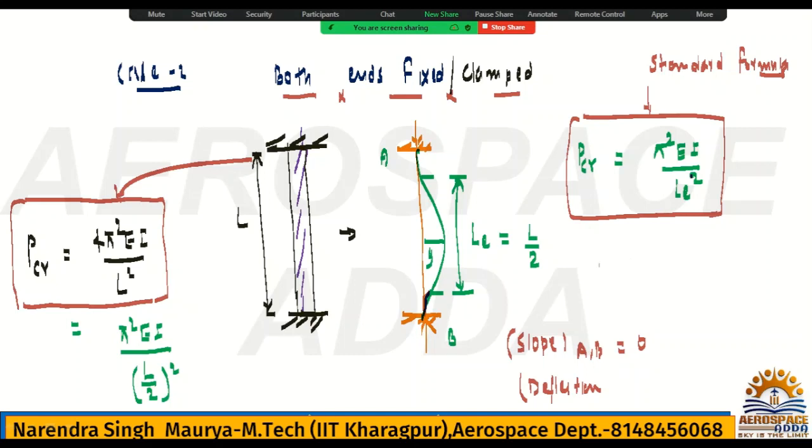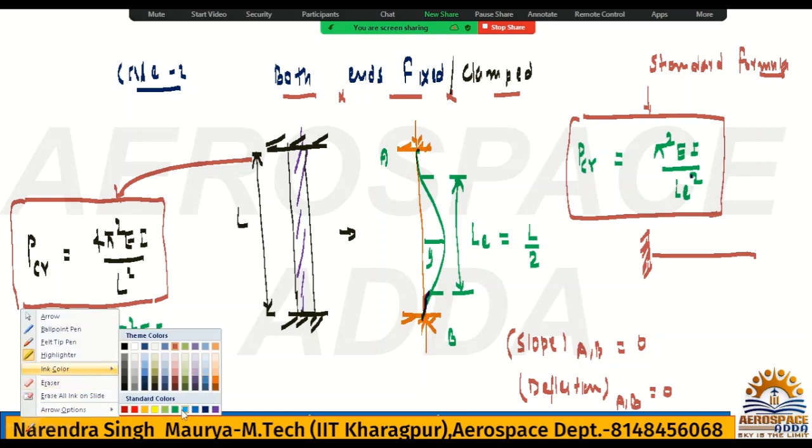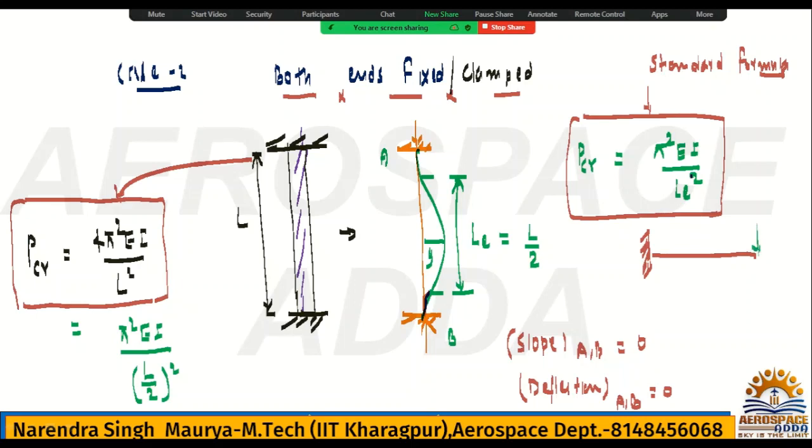Okay, I will show you another case. Cantilever. And sir, deflection will be 0 at A and B? See what I am explaining. Suppose this is the cantilever. If you remember, I explained when you apply load P here, this cantilever will bend like this.